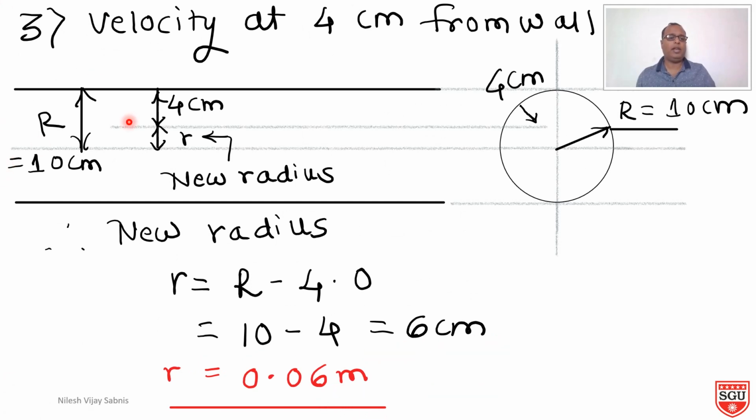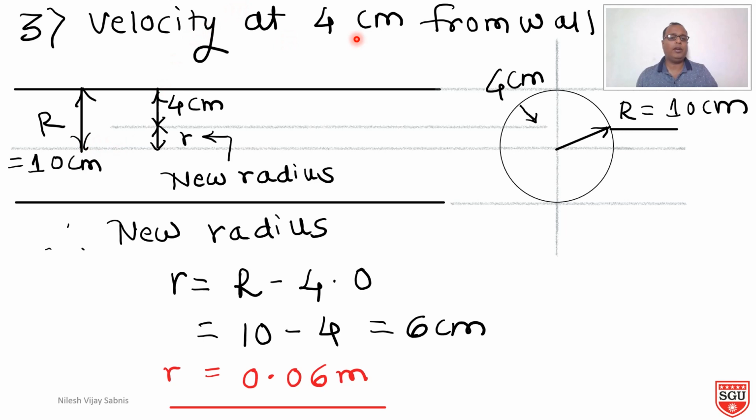Lastly, we are calculating the velocity at 4 cm from the wall. This is important to learn now. This is the front view of the pipe and this is the side view of the pipe. This is representing the radius of the pipe from the center, 10 cm.